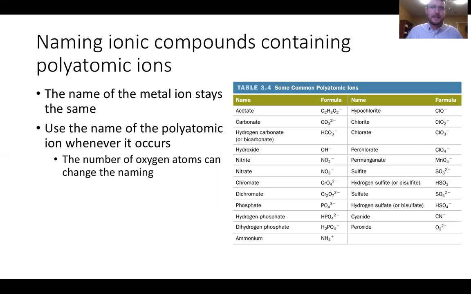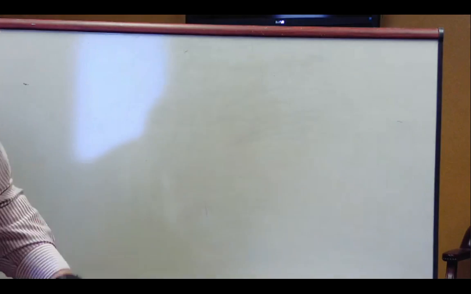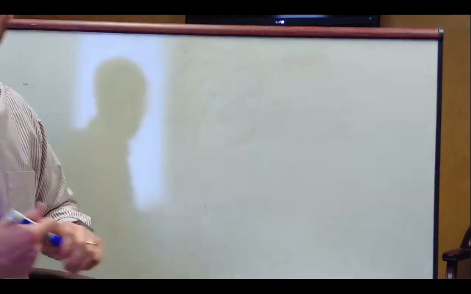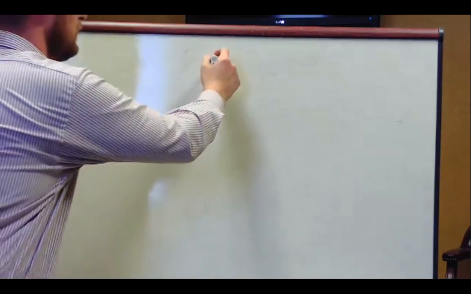Now, you might be asking me, well, Dr. Bishop, how am I going to know if it's iron 2 or iron 3? I'm going to answer that question right now. So let's say we have 2 compounds.